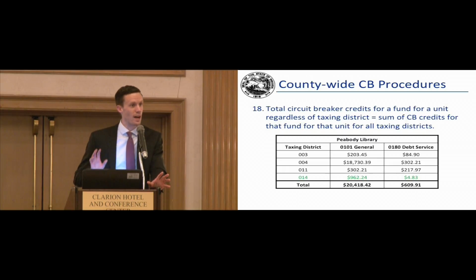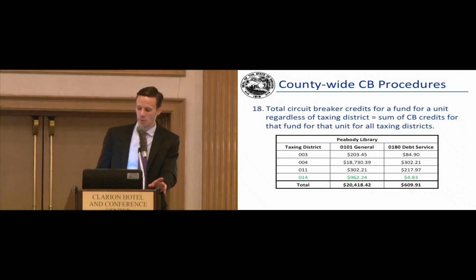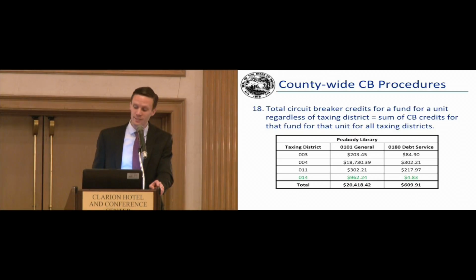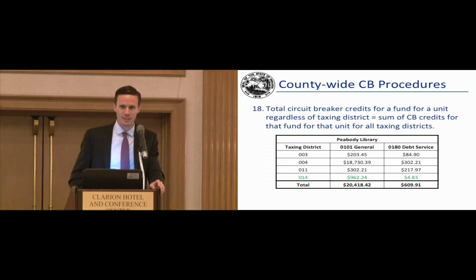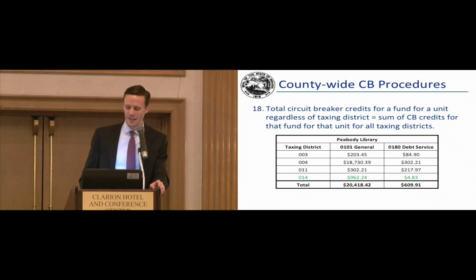Again, for over 65, we're not worrying about whether it's exempt or whether it's protected. And we're calculating the same $11.57 and the same $4.83 that we did in the PowerPoint presentation a little bit earlier. So that is how we arrive at the over 65 amount for the funds within an individual taxing district.